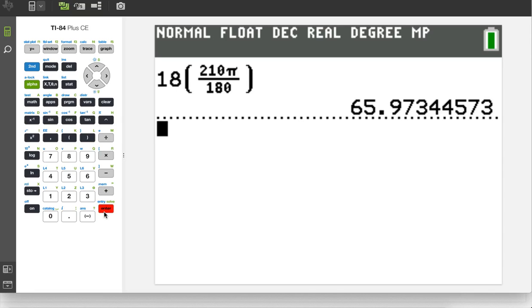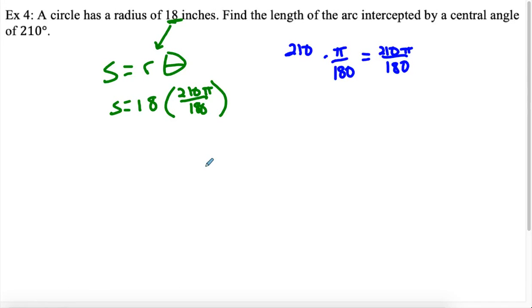So the intercepted arc, if we go to 2 decimal places, would be 65.97 inches, right? So S equals 65.97 inches, all right?